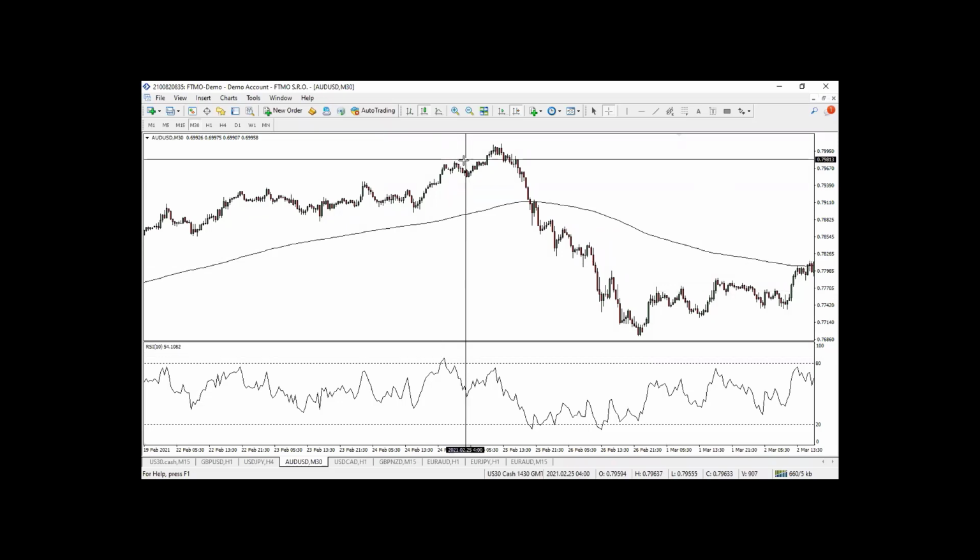The thing is this. We will be using what we call RSI divergence. Divergence simply means that, for example, price is going in an uptrend and your RSI is going in a downtrend. That is divergence. If price is going in a downtrend and your RSI is showing an uptrend, that's a divergence.